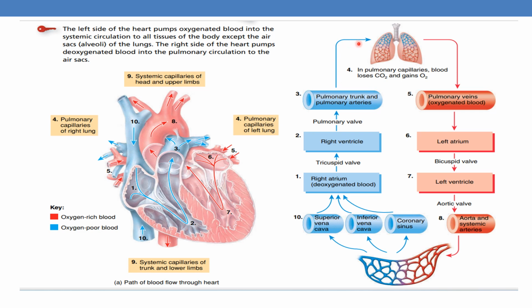They supply deoxygenated blood to the lungs. This is the pulmonary circulation. In the pulmonary capillaries, blood loses carbon dioxide and gains oxygen. The pulmonary veins contain oxygenated blood.